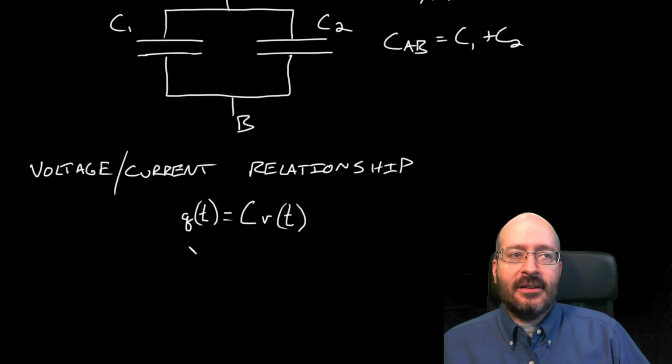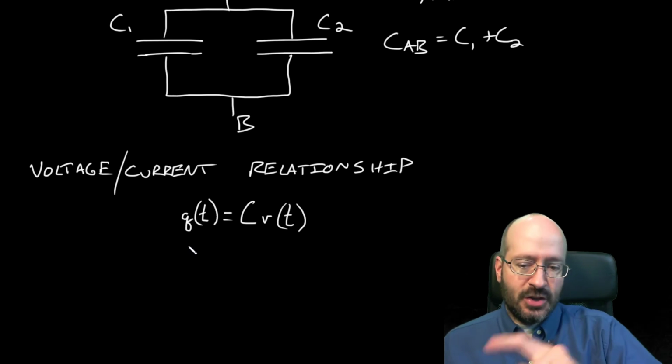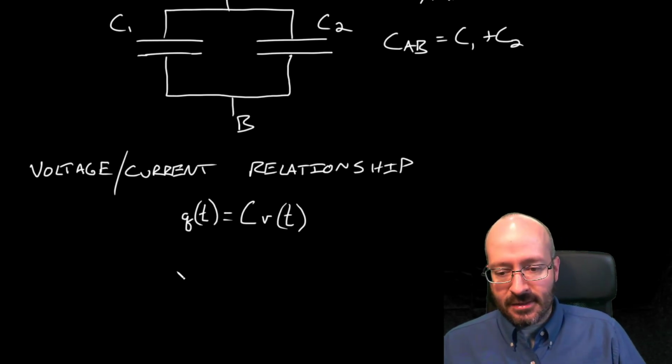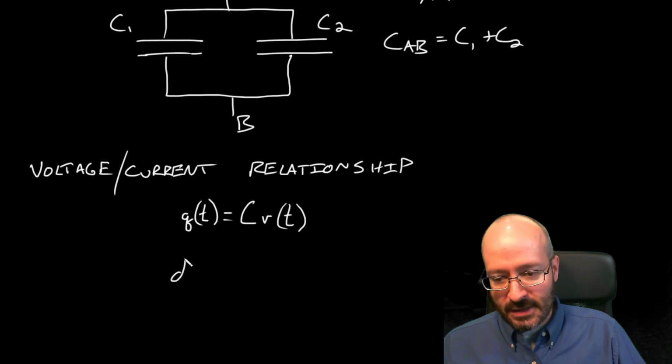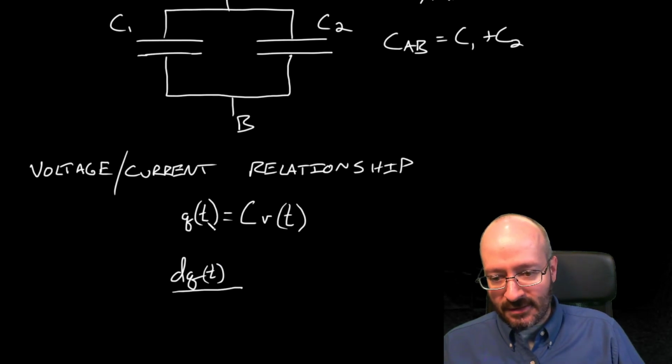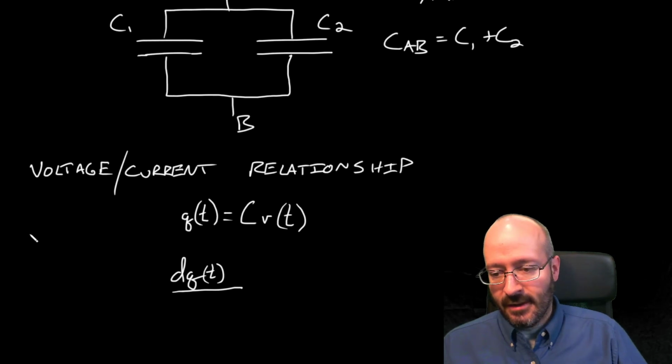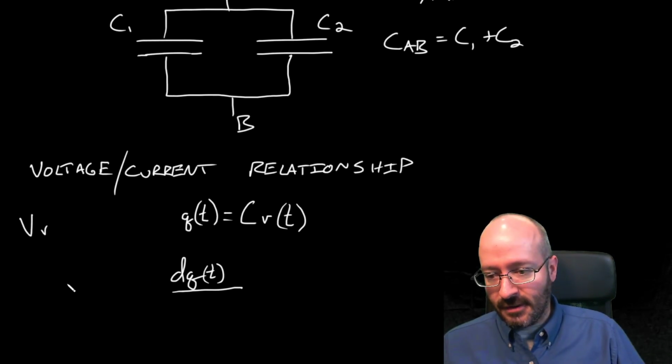If I want to get to the relationship between voltage and current, I don't have current, but we can take the derivative of both sides. And if we take the derivative of both sides, okay, that's my bad lowercase q. I'm working on that. My lowercase t I put a little tail on. My lowercase v I also put a little tail on there because it's hard to discern those.